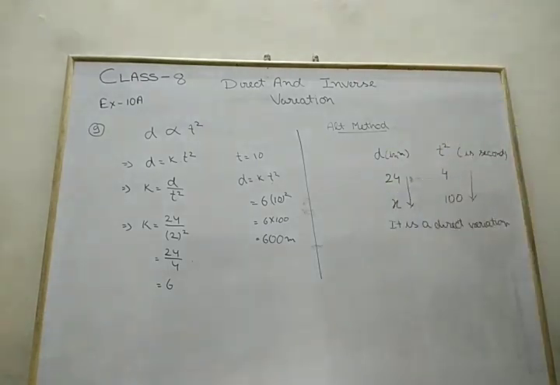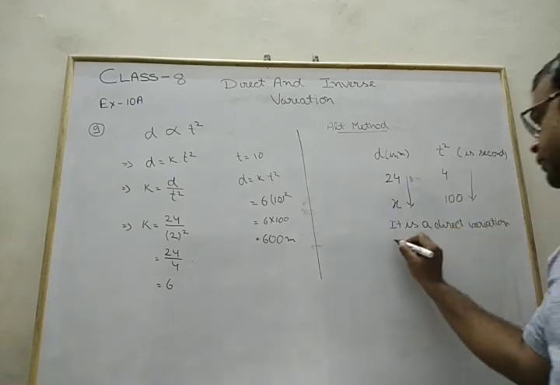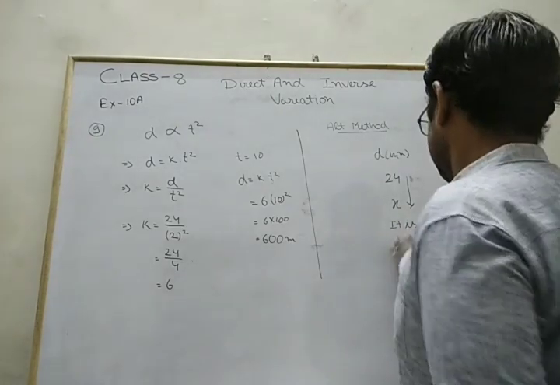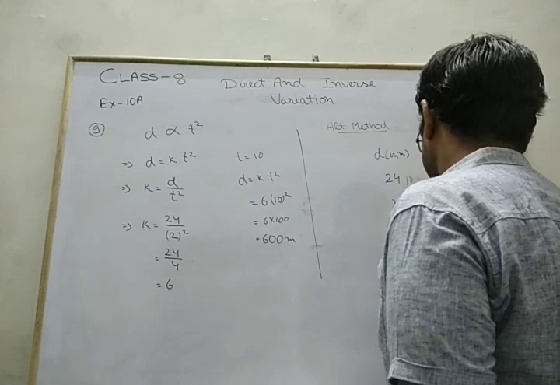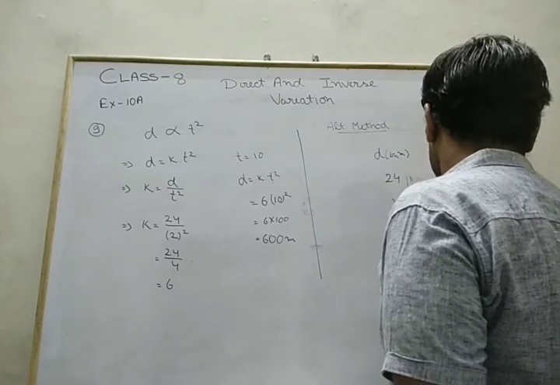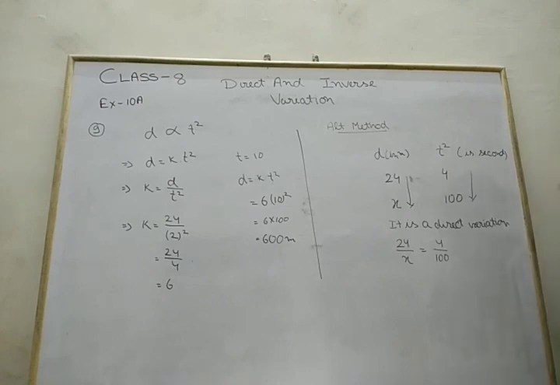It is a direct variation. So in this case, what do we write? This is the solution part.